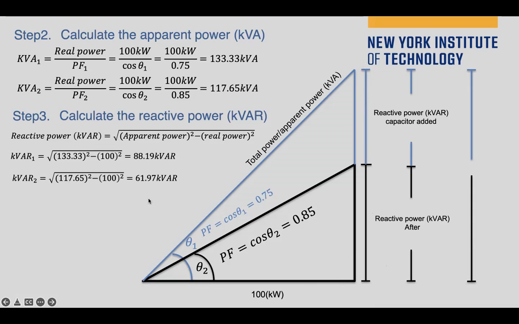And we do the same step to obtain the reactive power after the improvement. So by subtracting the reactive power after the improvement from the reactive power before, we can obtain what reactive power capacitor we need to add to the system. Okay.